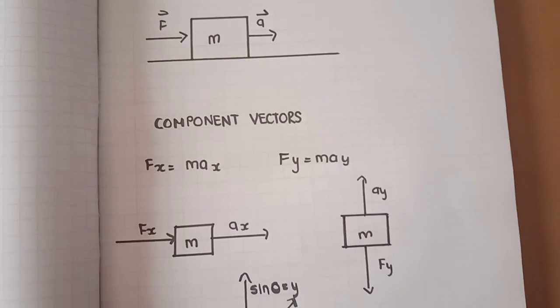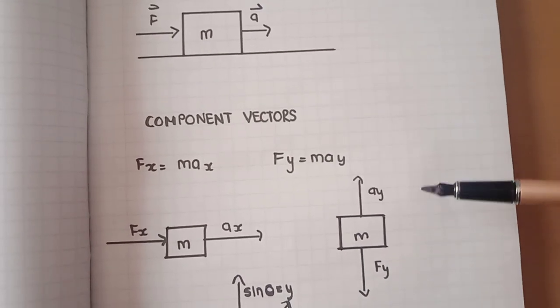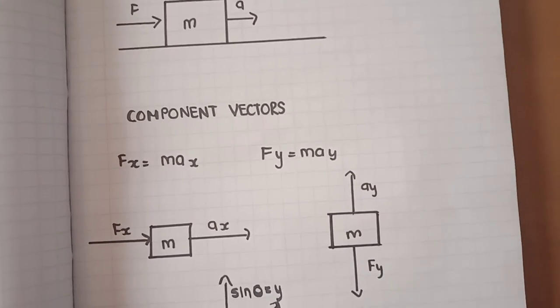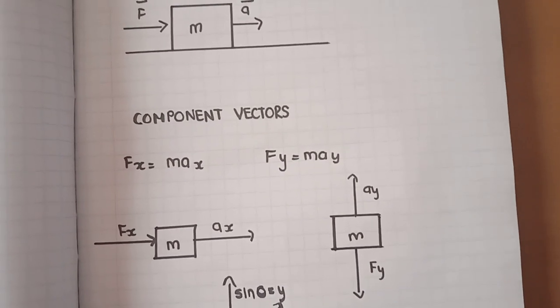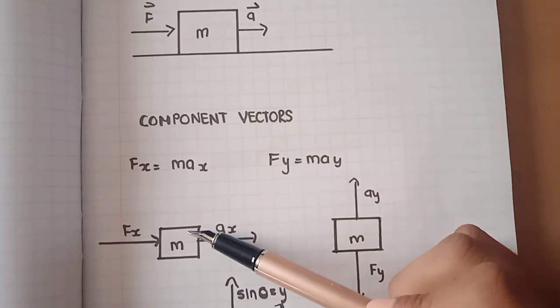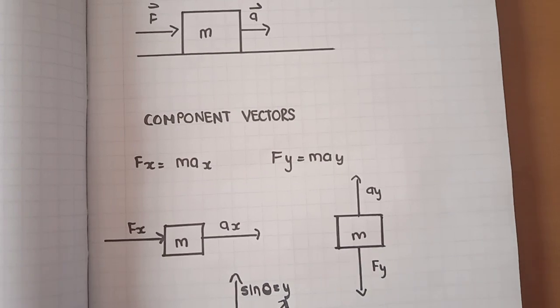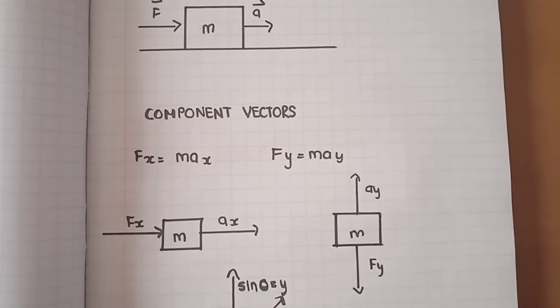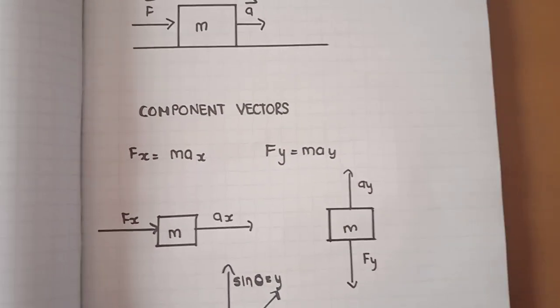If it was moving up or down, vertically, it would be Fy equals may. I also want you guys to remember that Newton 1 still does apply over here: the normal force, and the weight force, gravity, which is pulling the object down. But specifically we're looking at the acceleration of the object when it is moving over here.